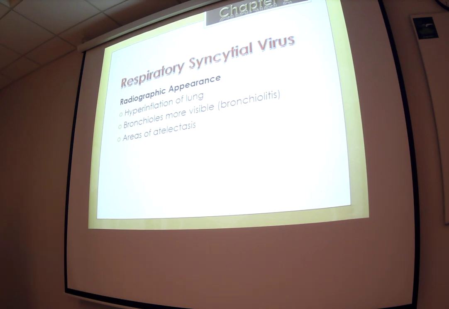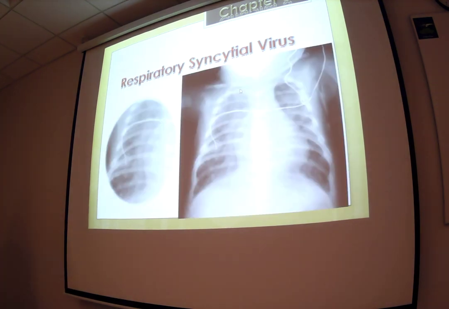Essentially, they'll have an increase in their density. You'll see areas of atelectasis, depending on how far the virus has spread. Necrosis of the epithelium, as I mentioned before, which can then lead to that interstitial pneumonia. Here, those little circles are the EKG leads, and you can see this patchy appearance right down here, with that interstitial pneumonia starting to form.